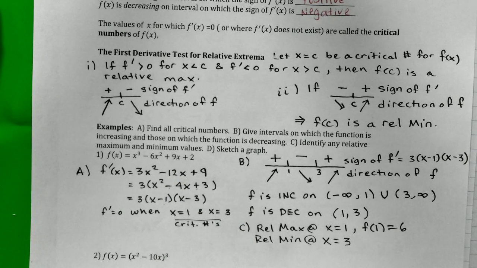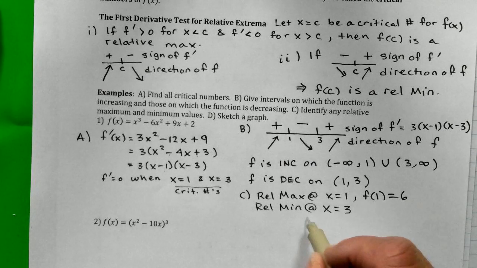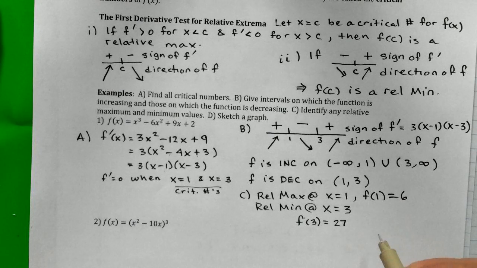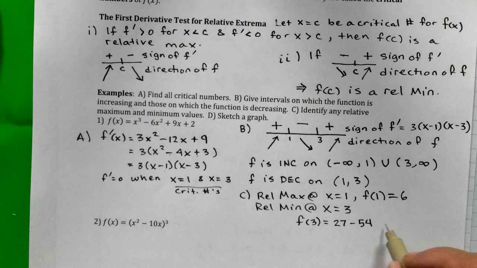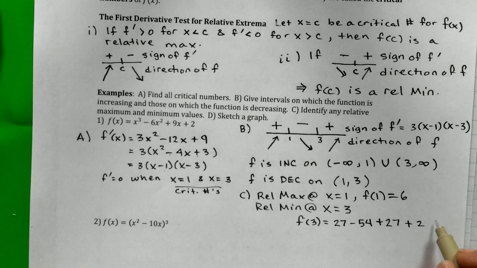I don't know that I can do f of 3 in my head. Let's do it by brute force. F of 3 is 3 cubed. That's 27. 3 squared times 6 will give me a minus 54 here. 3 times 9 is 27 plus 2. 27 plus 27 is 54, so those add each other out. F of 3 is 2.